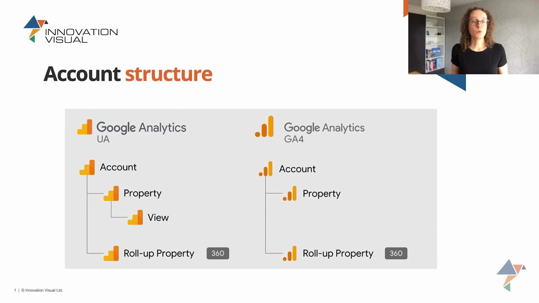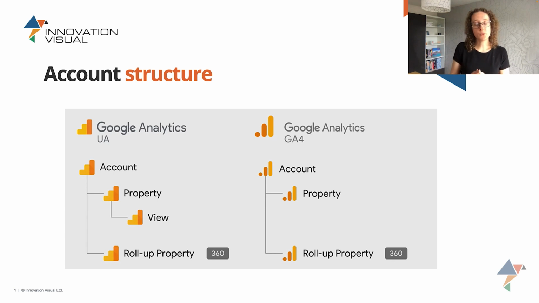So, first of all, the account structure. This is slightly different. In Universal Analytics, you used to have a main account, then within this account, you could have several properties, and then within the property, you might have several views. What we used to do for our clients is create different views to separate the data.